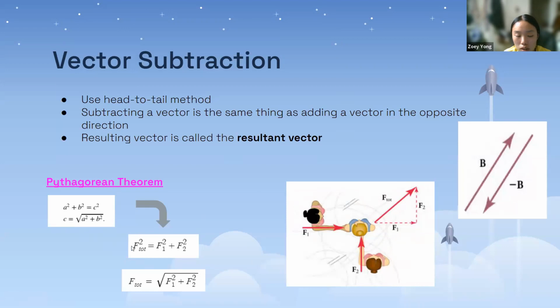So if F total squared equals F1 squared plus F2 squared, which is what we know from the Pythagorean theorem, you take the square root of both sides, you're going to get F total equals the square root of F1 squared plus F2 squared. And this will give you the magnitude or the length of this arrow.